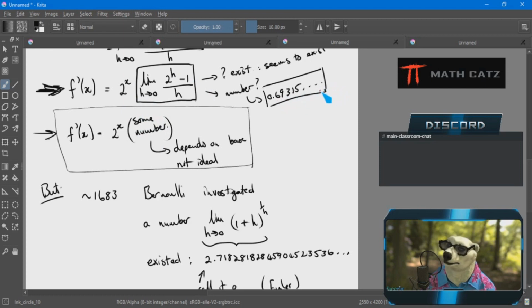Where on earth does that come from? If I have a different base, I have a different number popping out. And it's not as clean as the natural exponential function. If my function is 2 to the x, the derivative is 2 to the x, but scaled with some number. And I don't know what that number is right now.